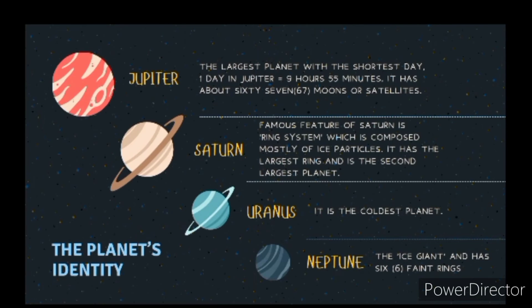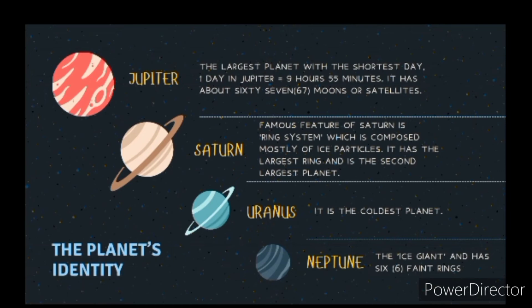Now, Jupiter. It is the largest planet and it has about 67 moons or satellites. Remember, the moon is a natural satellite, all right? So it has how many moons? About 67 moons. Then we have Saturn. Planet Saturn is known and famous for its ring system. Okay?